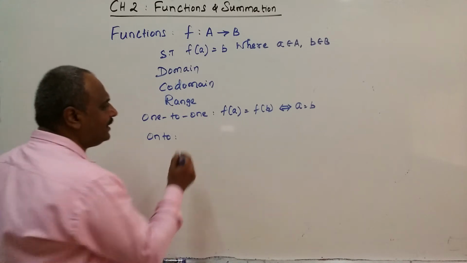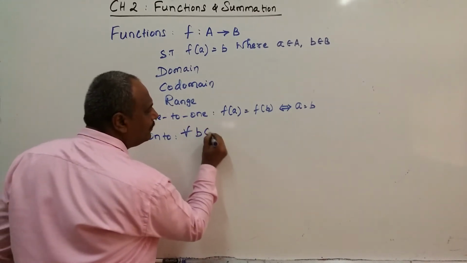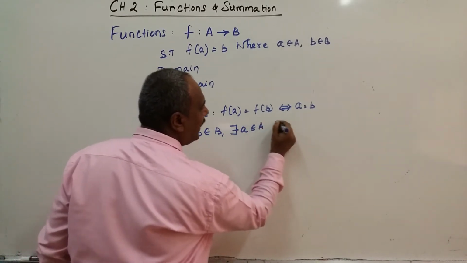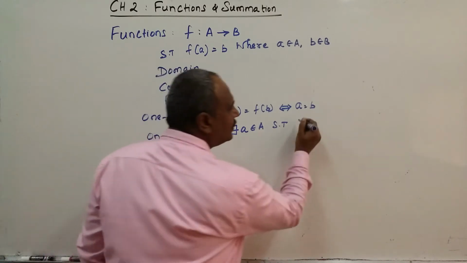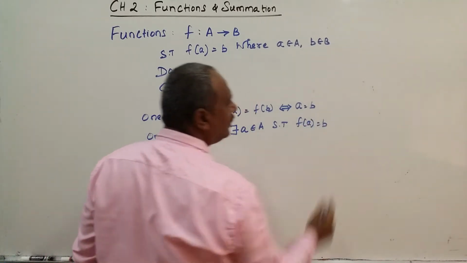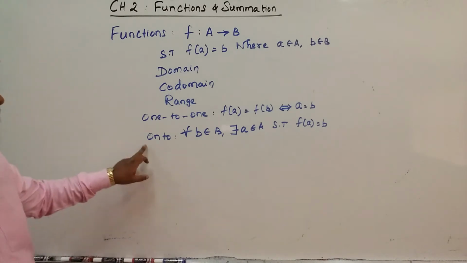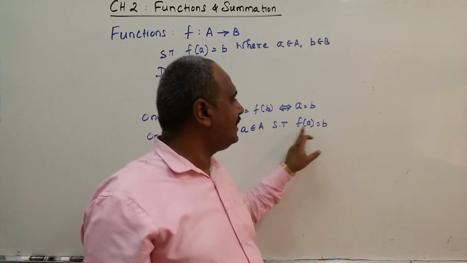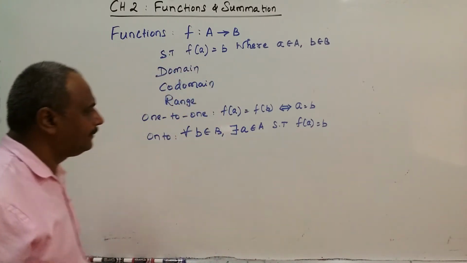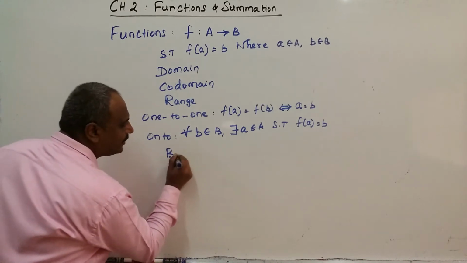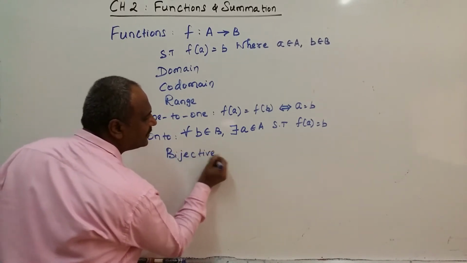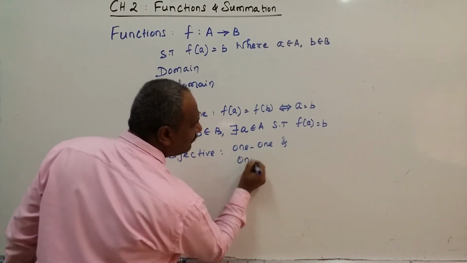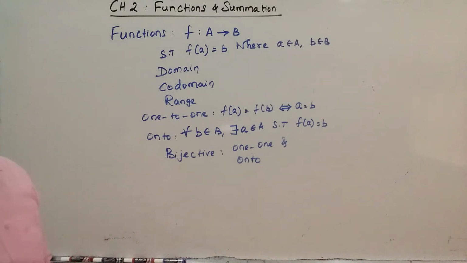For onto function, for all b belongs to B, there exists an element a belongs to A such that f(a) = b. Then we defined the bijective function, which is both one-to-one and onto.